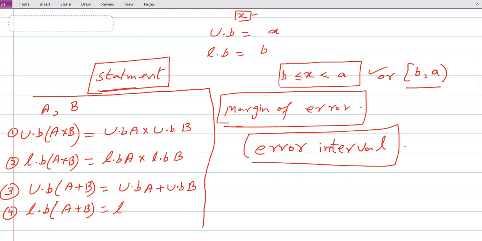I mean, it is lower bound of A plus lower bound of B.